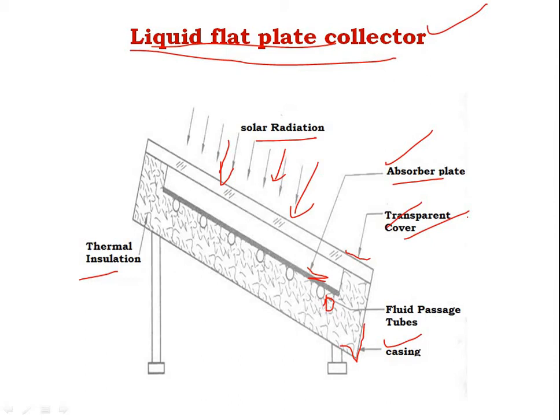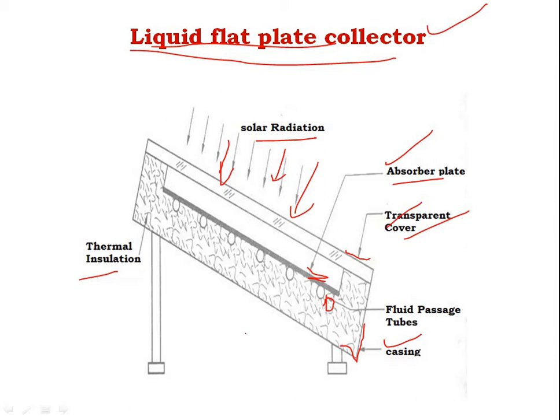It is made up of one or more transparent sheets of glass or plastic, placed above the absorber plate. The cover allows radiation to reach the absorber plate, but it prevents re-radiation and heat losses due to convection.